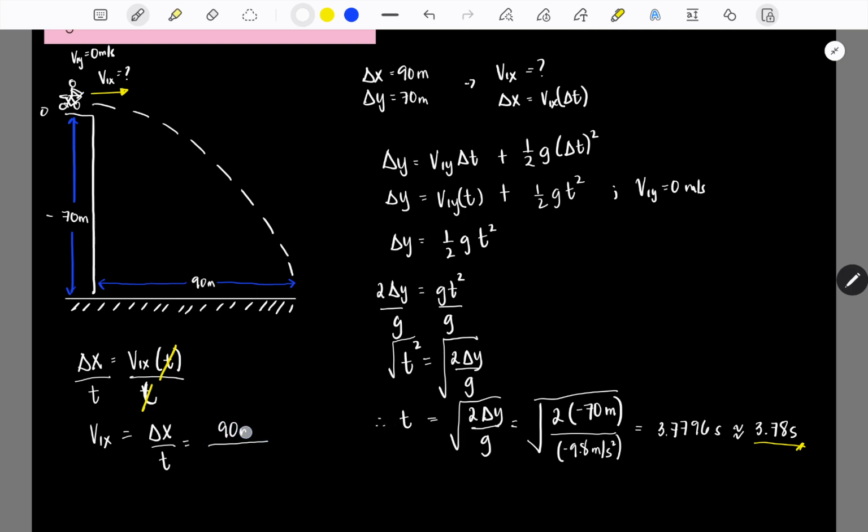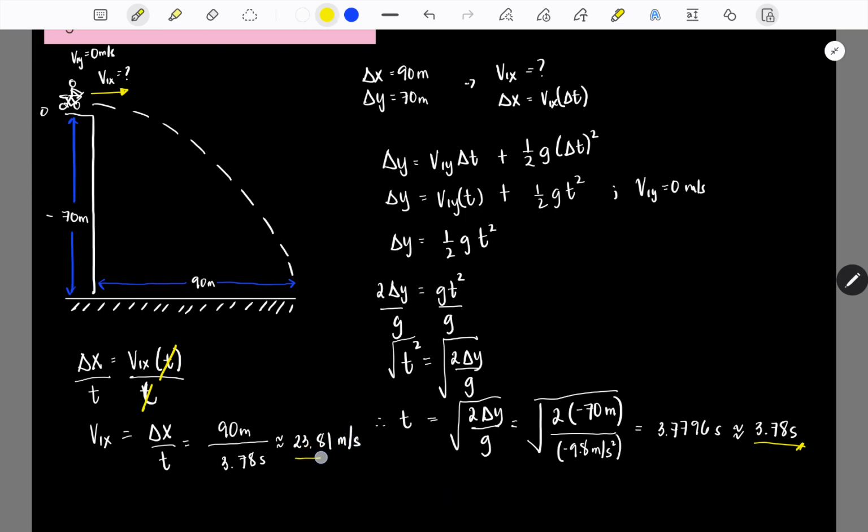So that's 90 meters divided by 3.78 seconds. You input that in your calculator, and that is approximately 23.81 meters per second.